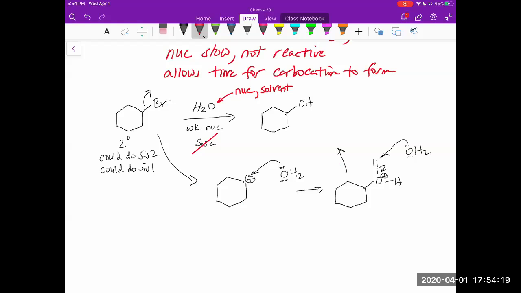When your solvent gets incorporated into your molecule, so it's the nucleophile, that reaction has a special name. It's called a solvolysis reaction. Solvolysis. And it's seen with water and alcohols. That's where it's going to pop up.